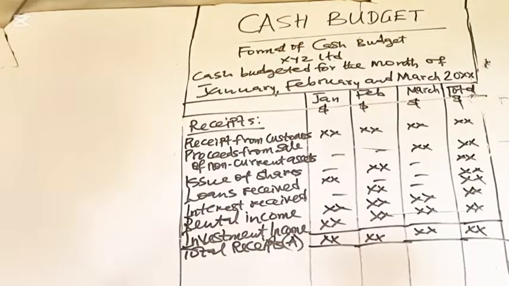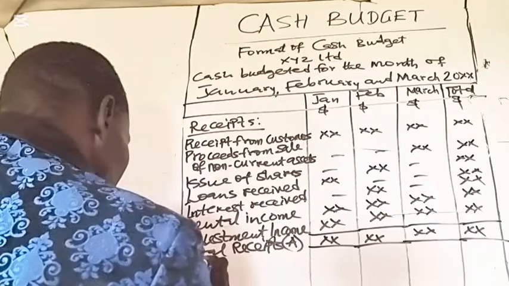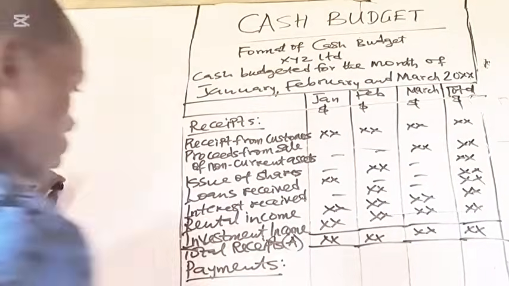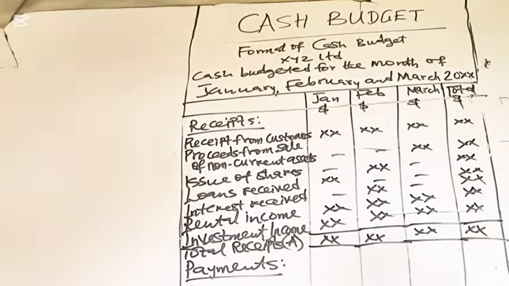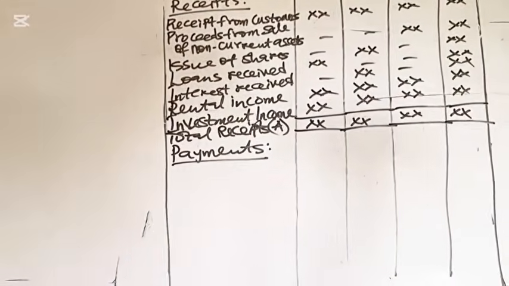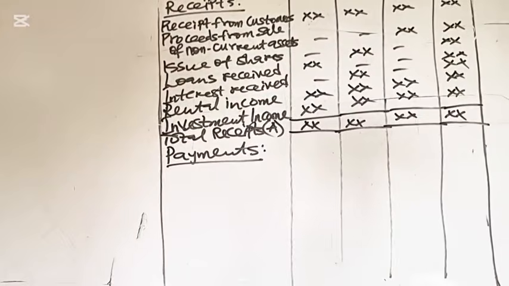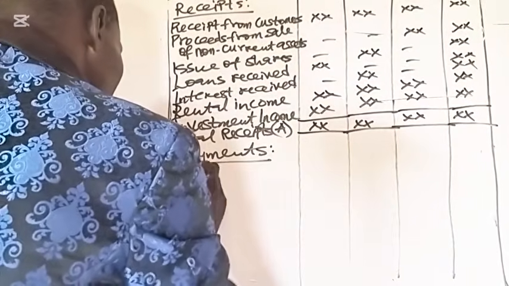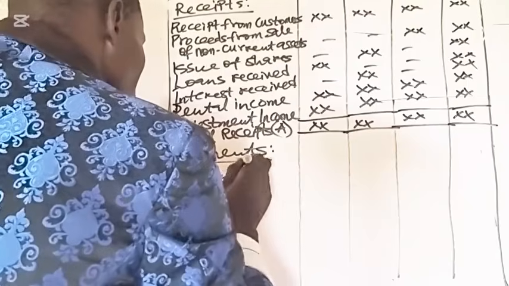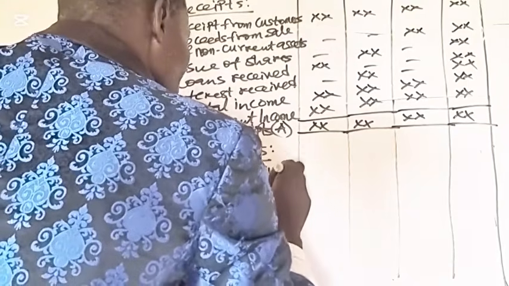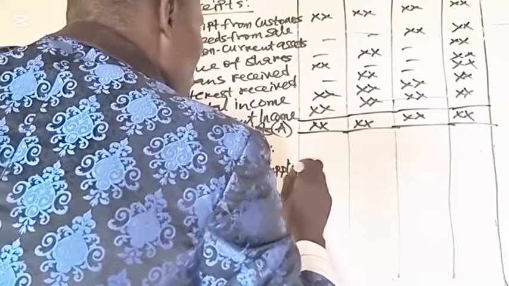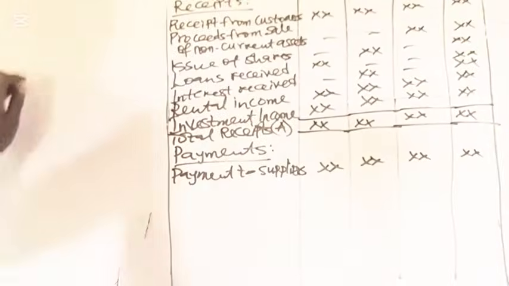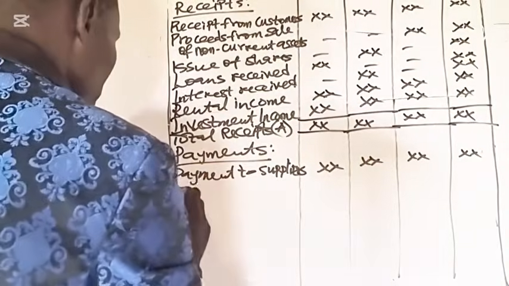After the receipts, you have payments items. So you may have payments to suppliers, dividend paid.